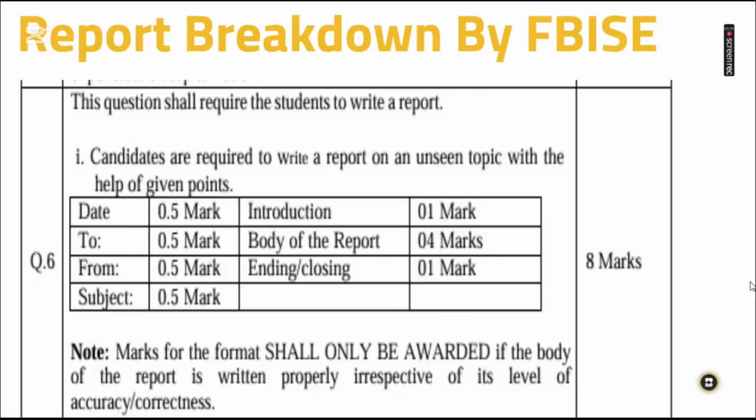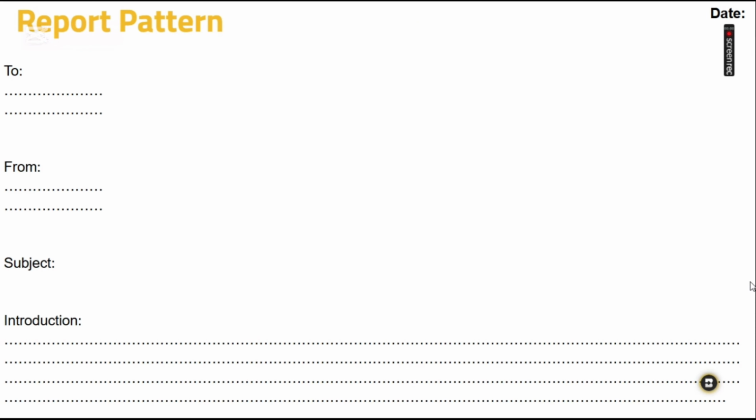And as far as the pattern of the report is concerned, you have the date first, which is probably written in the right top corner of your page, or wherever you are starting the report from. Then comes to, where you write to whom you are writing. Then comes from, like who is writing the report, who you are, what role you have.